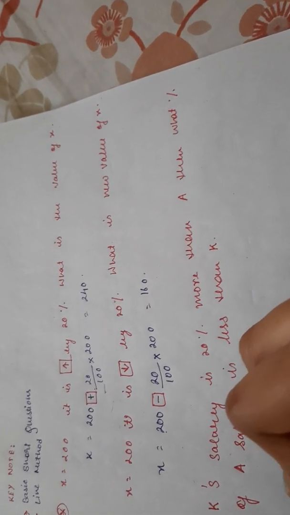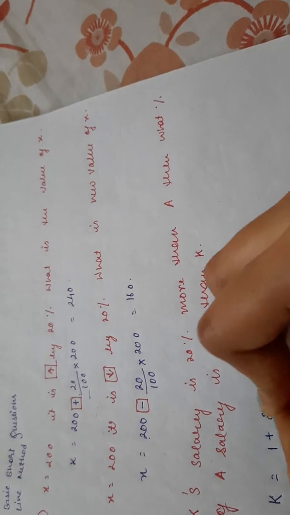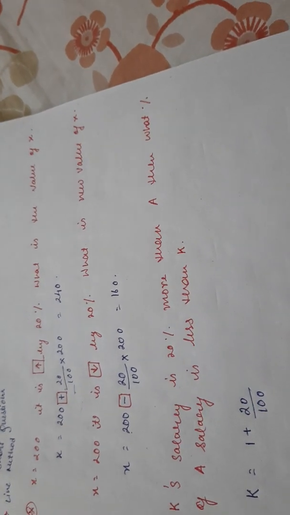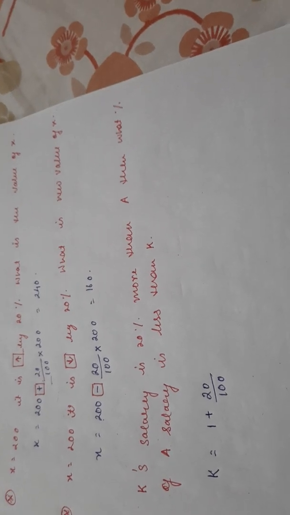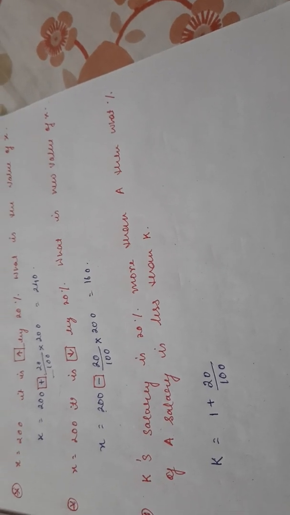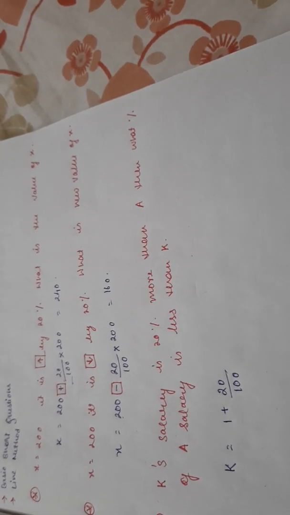We will write K is equal to 1 plus 20 by 100. K's salary is 20% more than A, as said in the question. So K is equal to 1 plus 20 by 100.